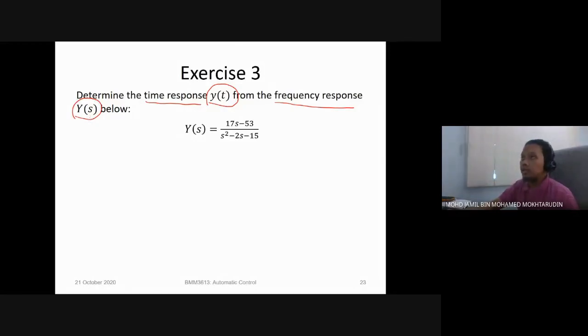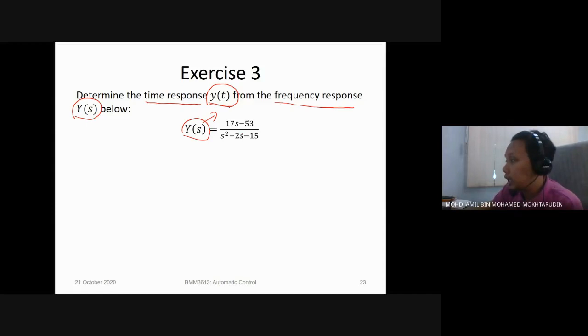Sometimes the question asks you to determine the time response of the following frequency response. It doesn't say find yt, it just says find the time response. So maybe you are confused what is time response. Time response, basically you need to perform inverse Laplace transform of ys to get yt.